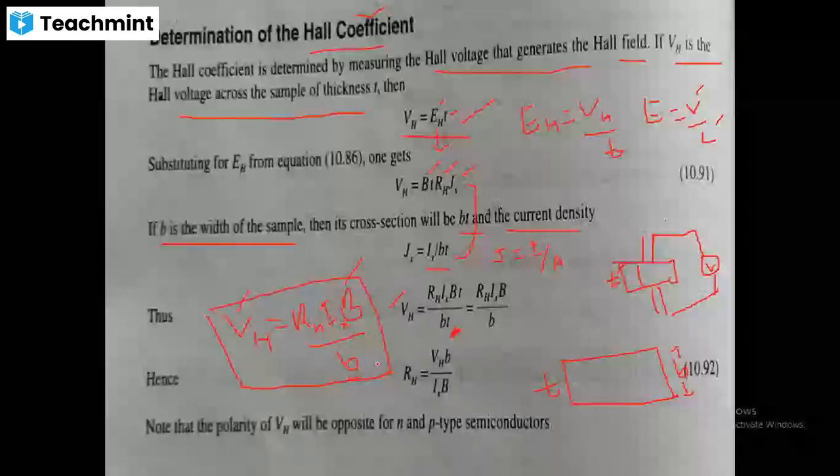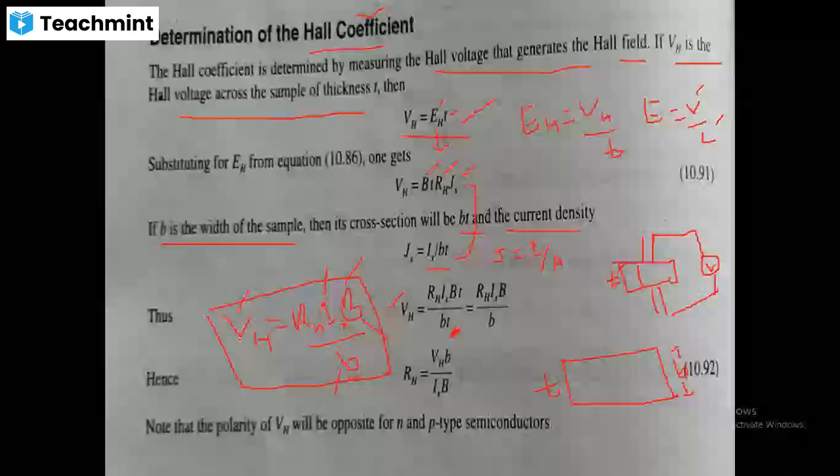As you can see from this expression, one can easily find out the Hall voltage by doing an experiment. We measure the current. Current is known to us. The applied magnetic field is known to us, and the value of b is known to us. And then this RH we calculate as we discussed in the earlier case. So we can calculate the value of VH.